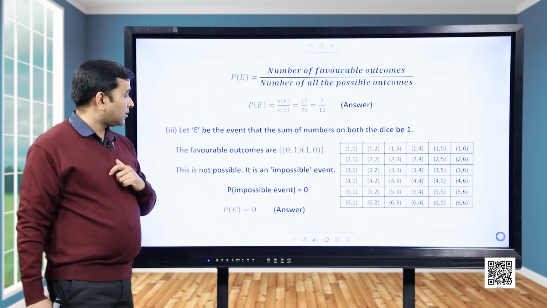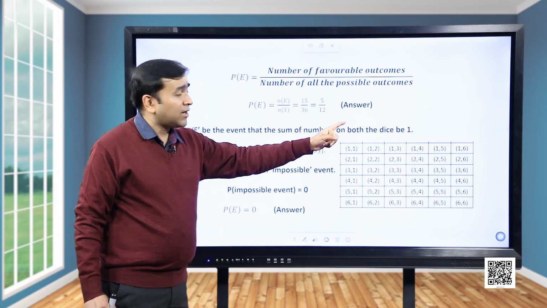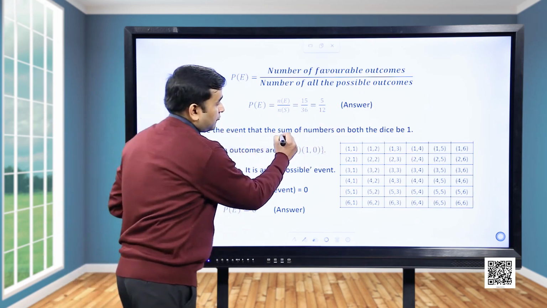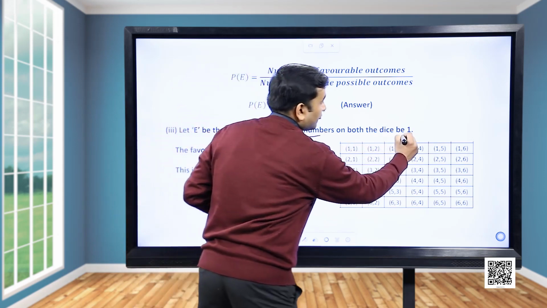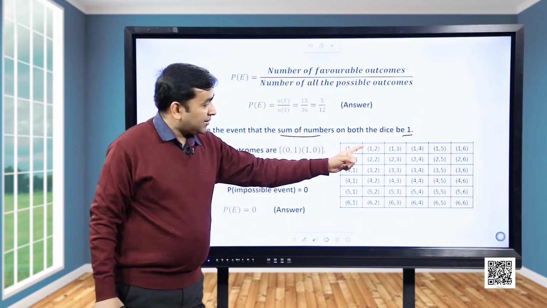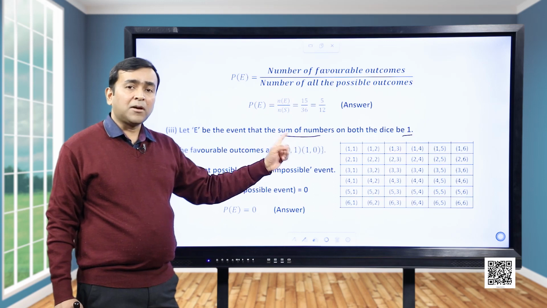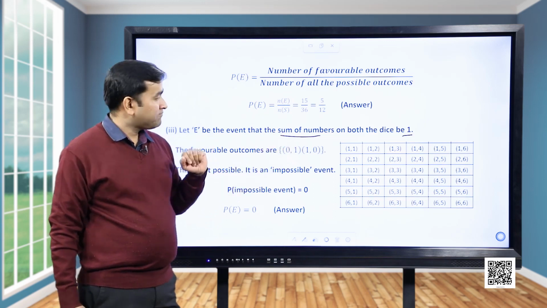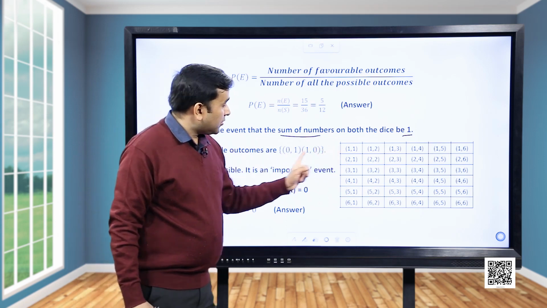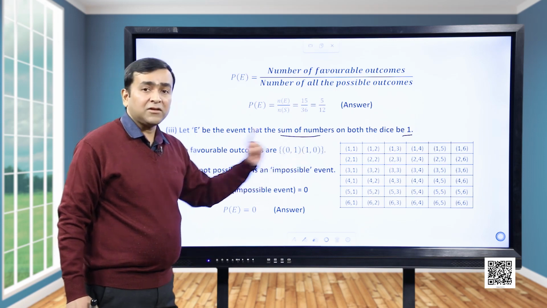Let us solve the third part. Let E be the event that sum of numbers on both dice be 1. Again refer to this table. Please see this table carefully. Can you find any of the outcome in which the sum of numbers is 1? I don't think so. Why? Because there is no outcome such as which says 0 1 or 1 0.